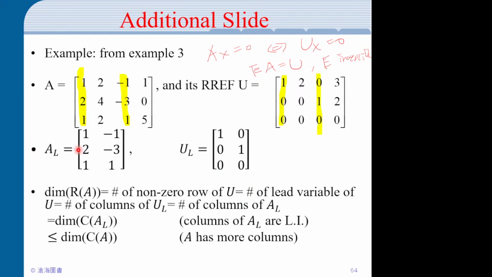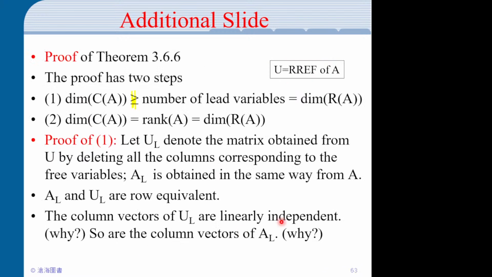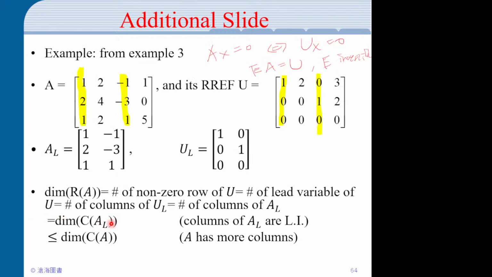And then finally we use the thing that we said here. So the column vectors of AL are linearly independent, because the column vectors in UL are also linearly independent. Okay, and so we have two vectors here that are linearly independent, and we know they span a two-dimensional space.